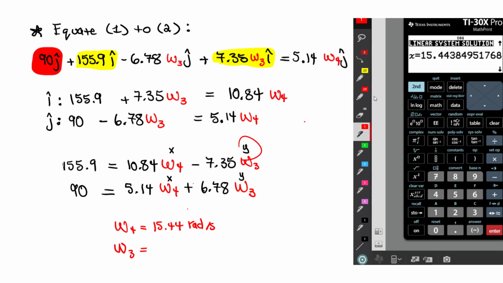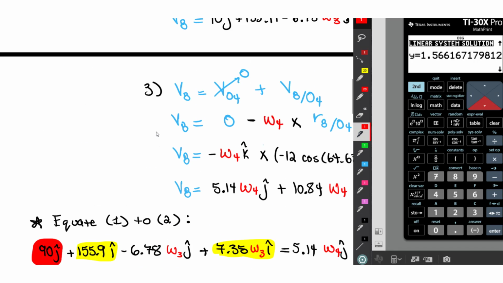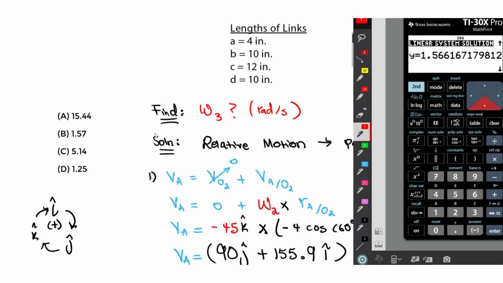For the y value, you just press down and it's 1.57 radians per second. And that will be our answer for this one. In this case, it should be B. That's all for this. Thank you.